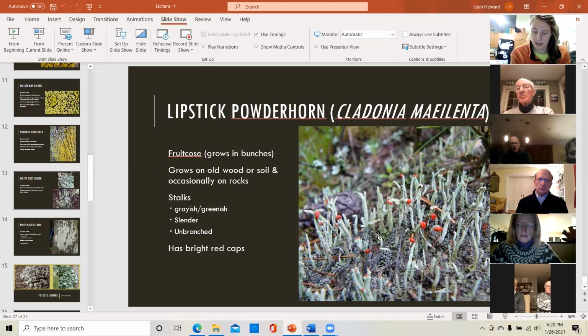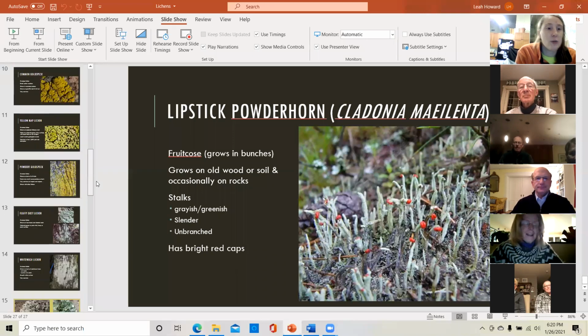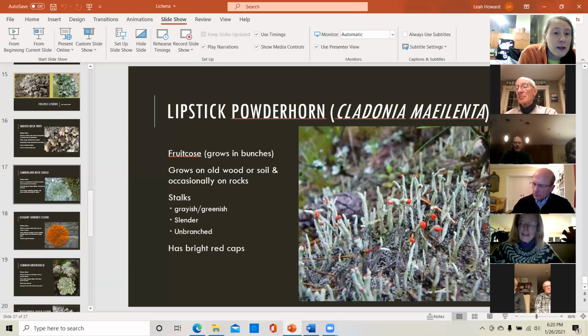Yes. Okay. Well, Leah, I have a question. You said that lichen grows on decaying wood. We have lichen all over the railing on our deck. Yes. So that is most likely going to be your common green shield lichen. But should I scrape it off?